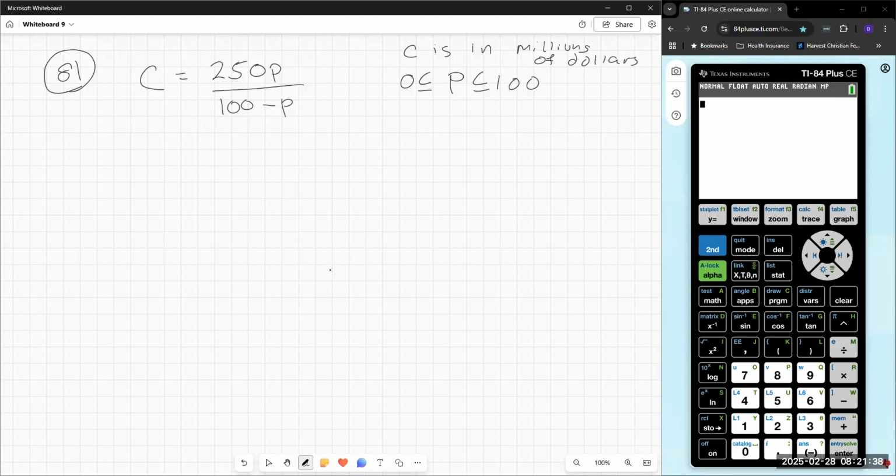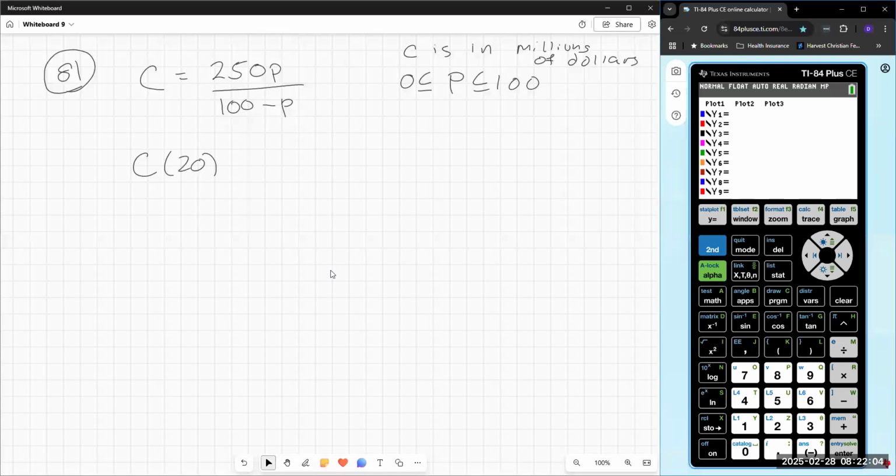So when we get this answer, we want to give our answer in millions of dollars. So first, let's find the cost of seizing 20% of the drugs in the country.